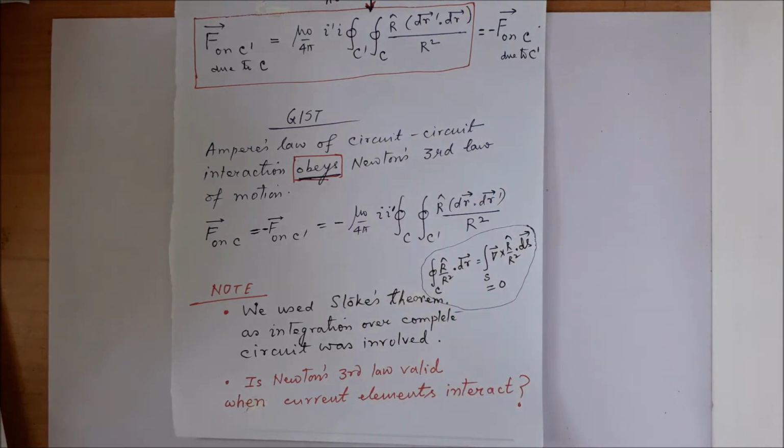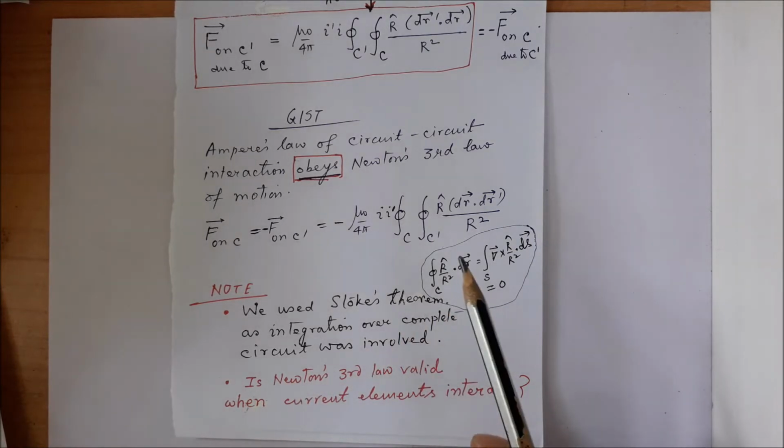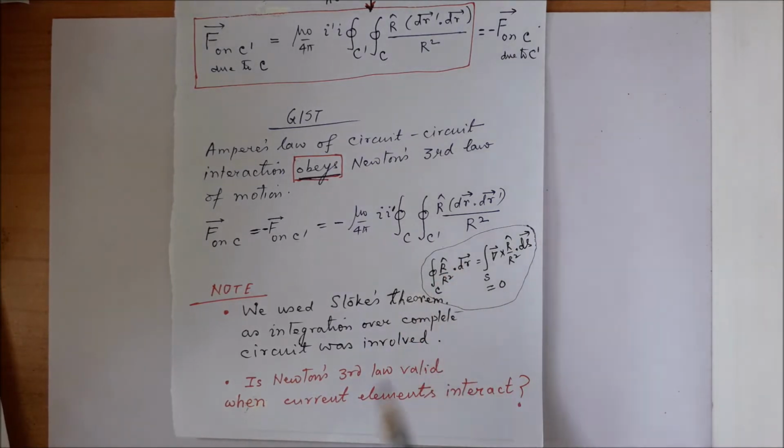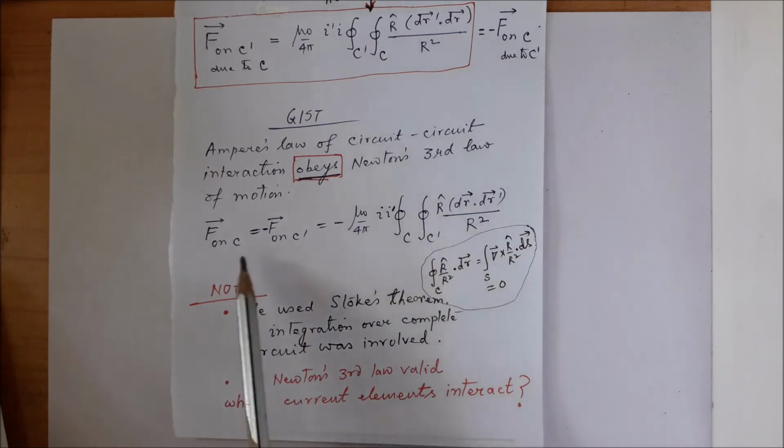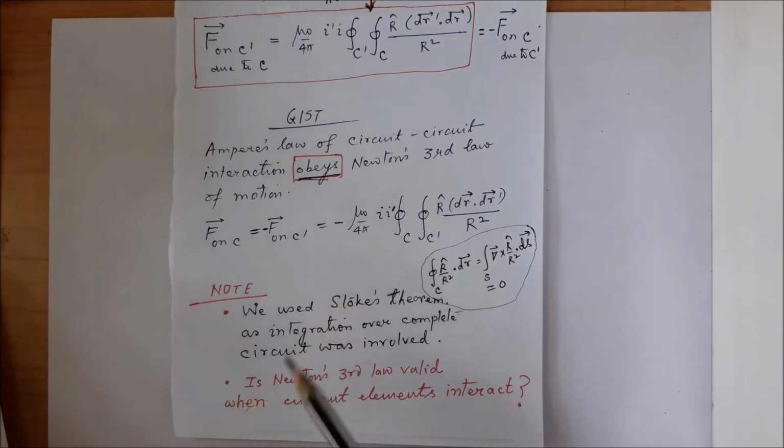Now let us think of a problem, the same problem with current elements. In that situation, we do not have to integrate, and so line integrals will not be there, and so Stokes theorem will not help us reduce the first term to 0 as we did in arriving at these relations.